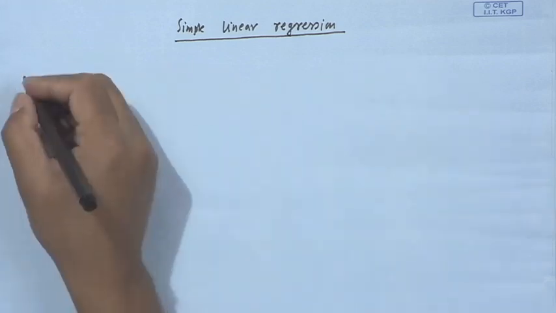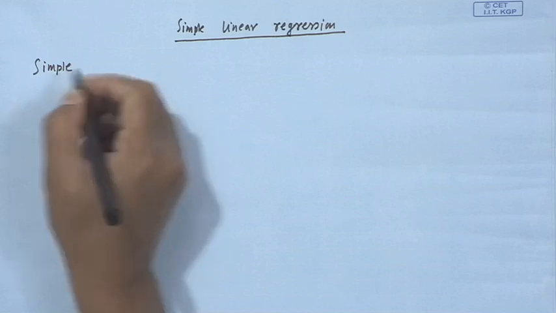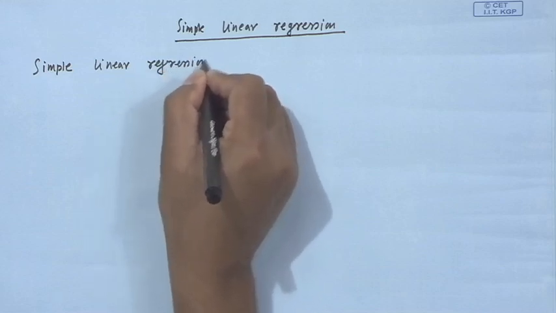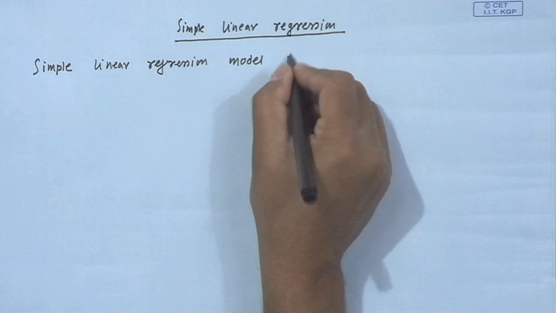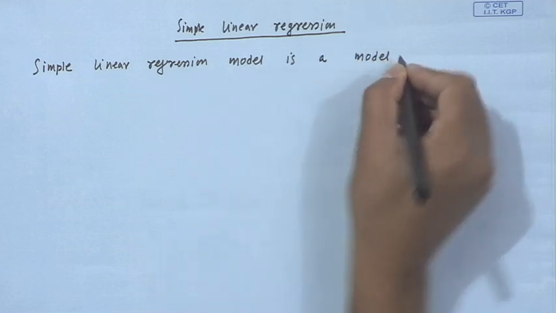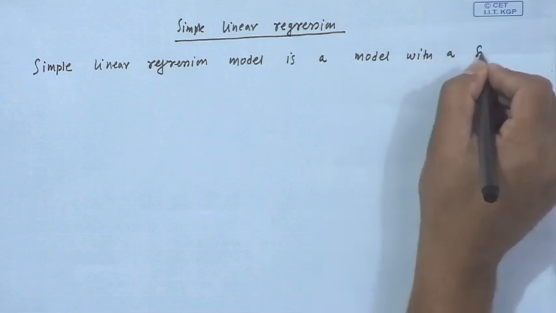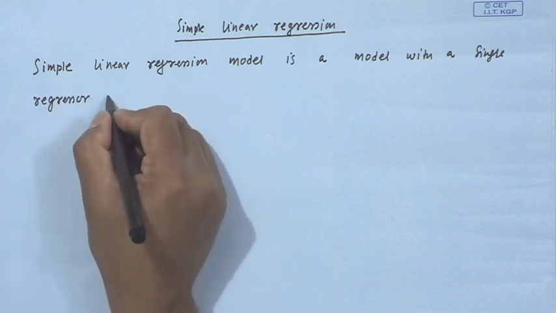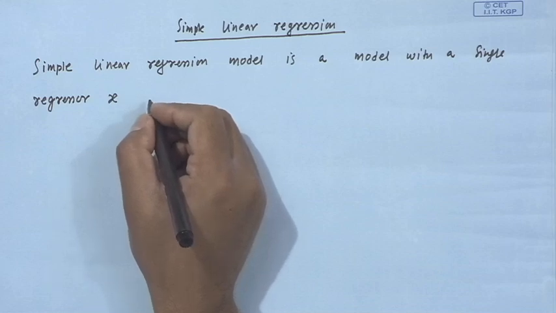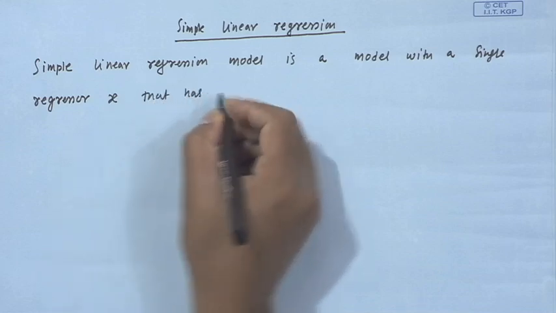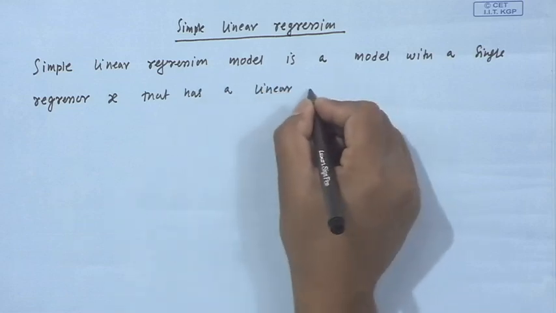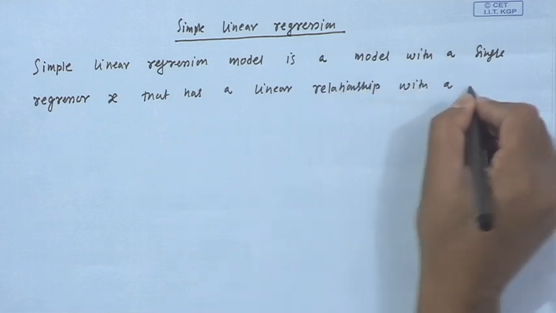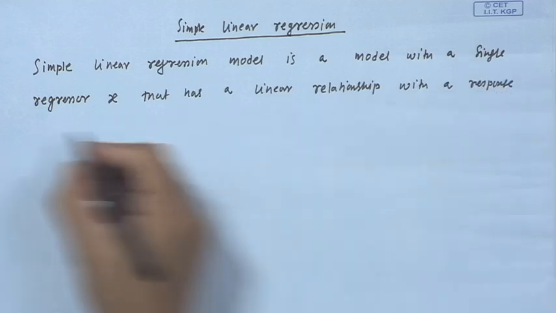So, a simple linear regression model is a model with a single regressor x that has a linear relationship with a response y.